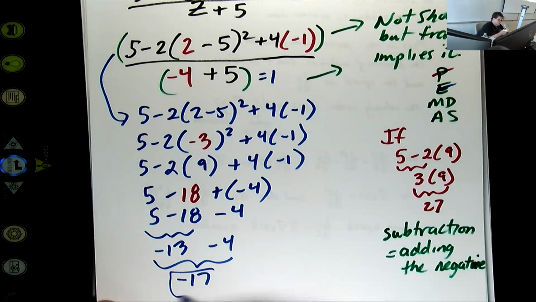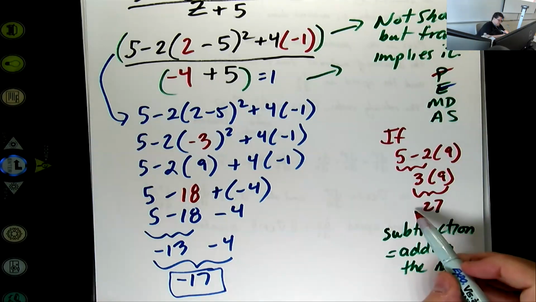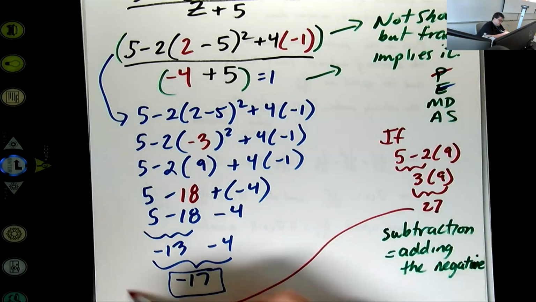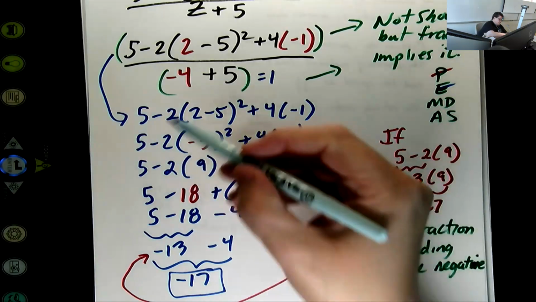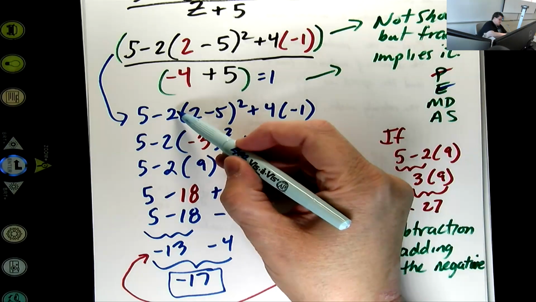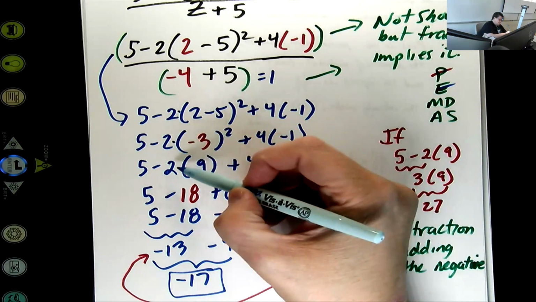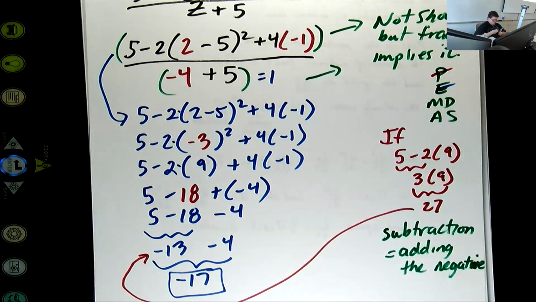That's the correct answer. If I had done the 5 minus 2 first, I would have gotten 27. It's the wrong number, and the reason is there's an unspoken multiplication there. Even though it doesn't show the multiplication, a number in front of parentheses means multiplication.